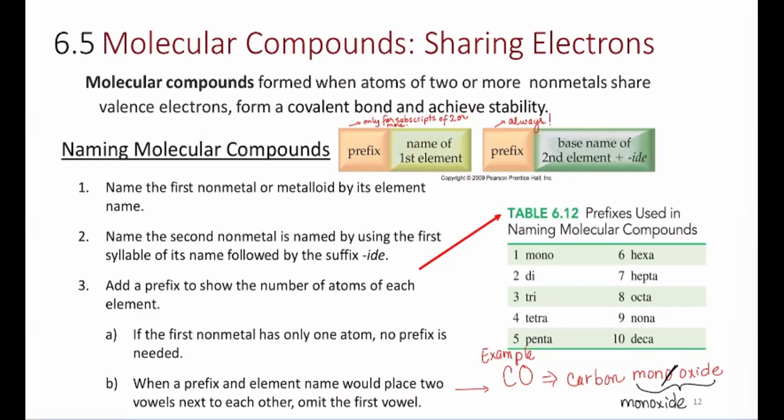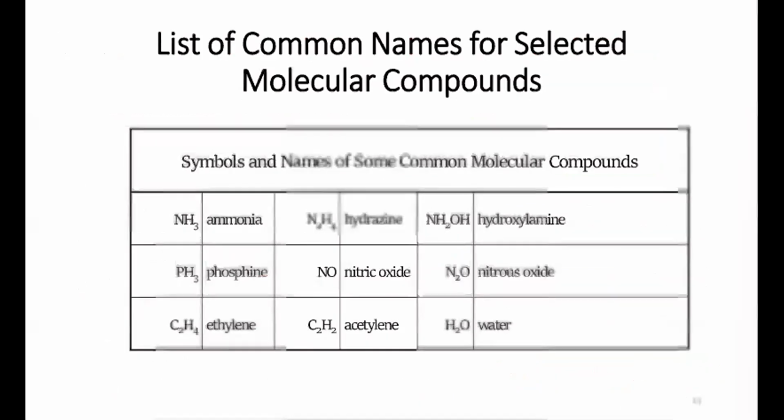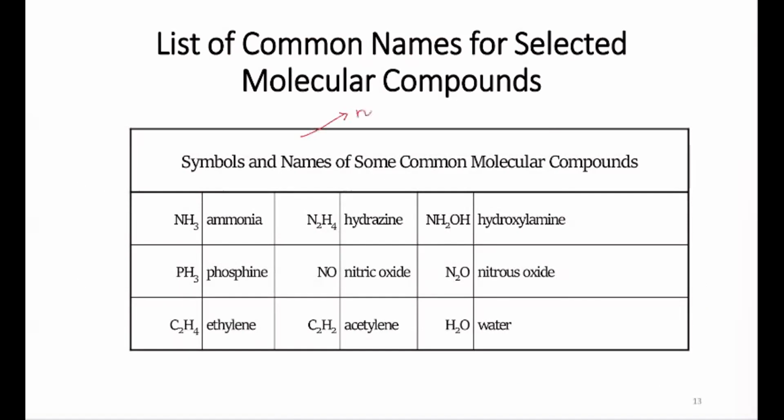Now, when it comes to the reference list for exams, there are some common names for selected molecular compounds that you guys need to know for exam 2. They are included right here.